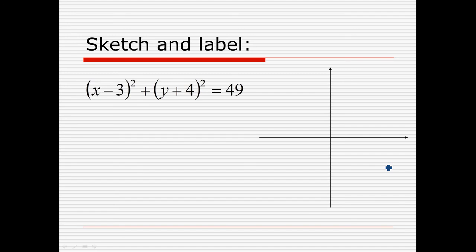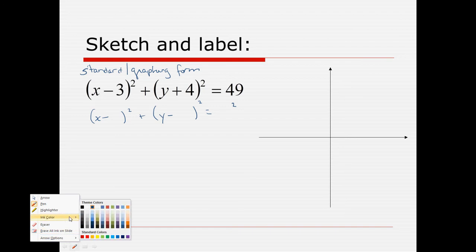Notice it's already in graphing form. This is not in general form. I gave it to you in standard or graphing form. So you need to say to yourself, self, this is x minus something plus y minus something is equal to something squared.